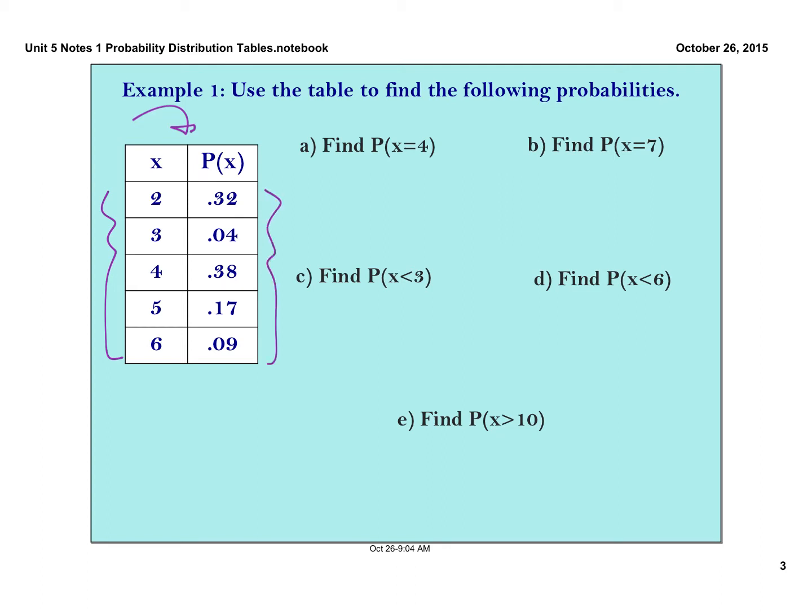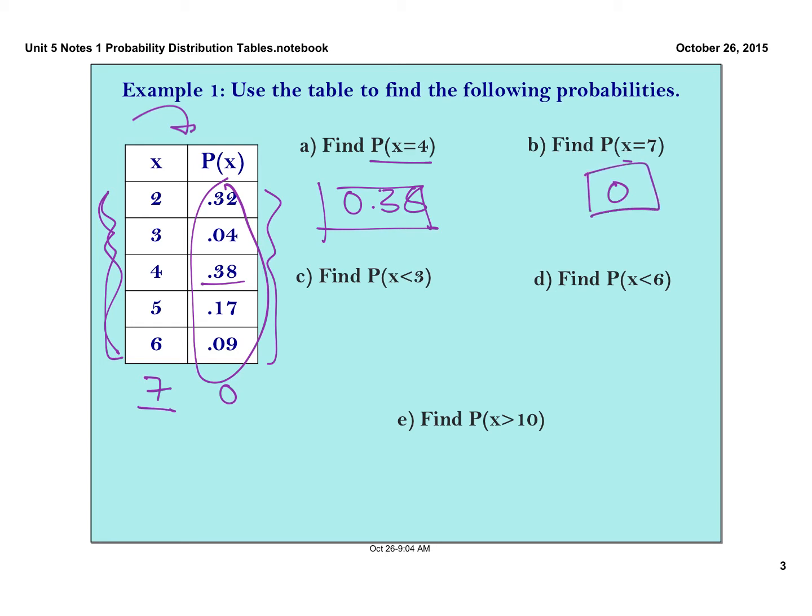The probability of x equals 4 is 0.38, says the table. Probability of x equaling 7. This is the entire distribution, which means all these probabilities should add up to 1. You certainly could add them to find out, but since 7 is not in our table, it's actually not a possible outcome. So this probability is 0.